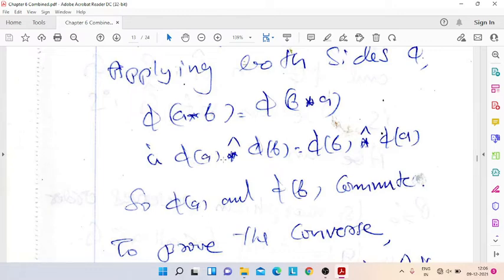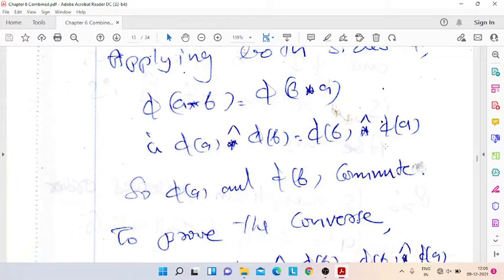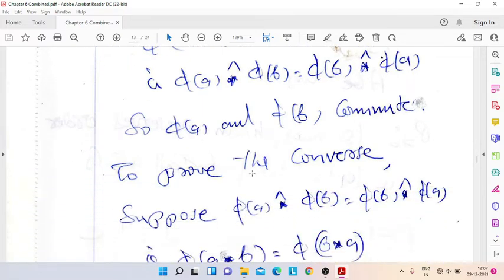We get phi A star cap phi B on the left, and similarly on the right side phi B star cap phi A. Therefore phi A and phi B commute.